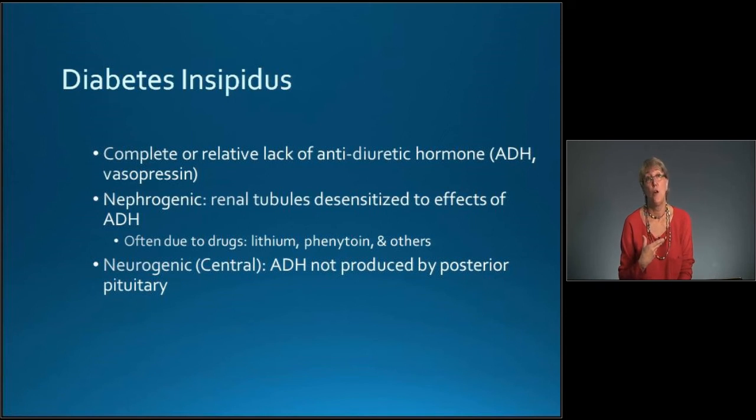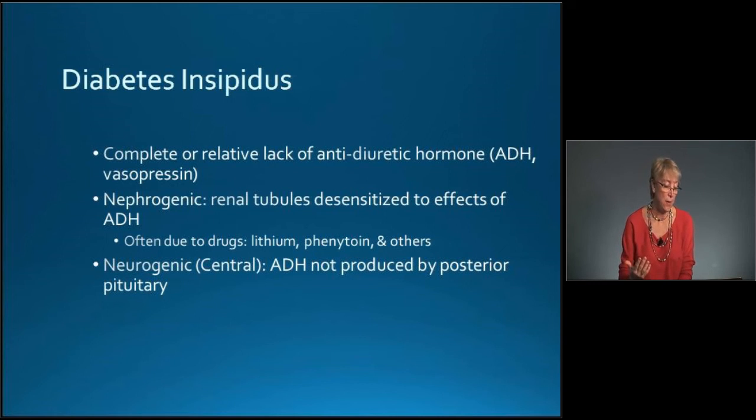It could be caused, this DI, from a nephrogenic source, meaning that the renal tubules actually have become desensitized to the effects of ADH. Sometimes that's perpetuated by drugs such as lithium, phenytoin, and others. Or it could be that the DI is central DI or neurogenic. It means that the ADH is not being produced by the posterior pituitary.